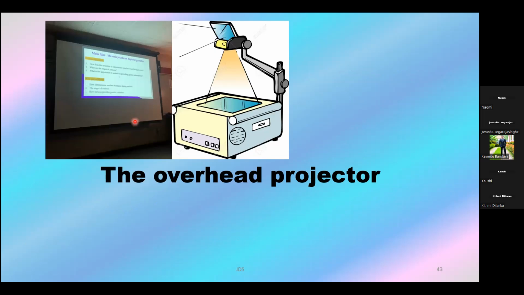We'll finish with the video and then move on to the OHP. At a stretch, the teacher can give all the things that are relevant to the topic, using an OHP, using a video. For which one are you? The overhead projector.